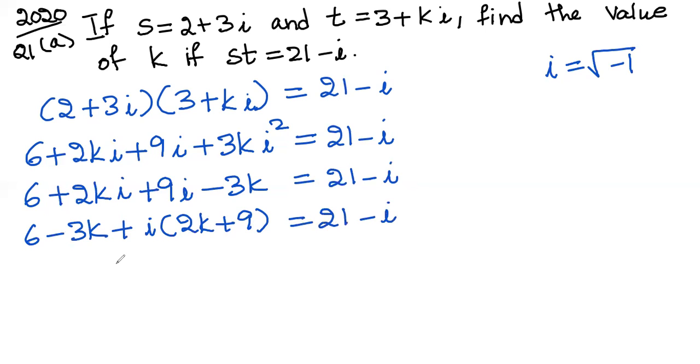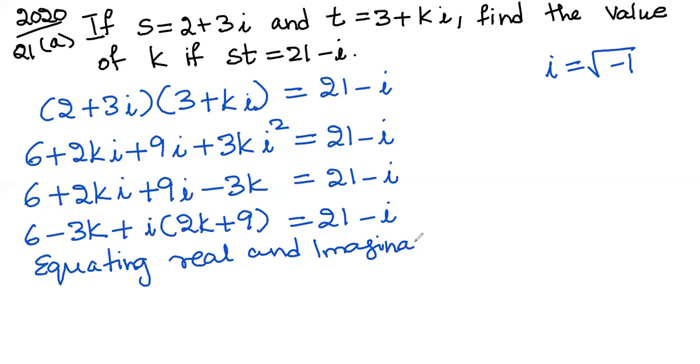So equating the real and imaginary terms. What do we get? 6 minus 3k equal to 21.